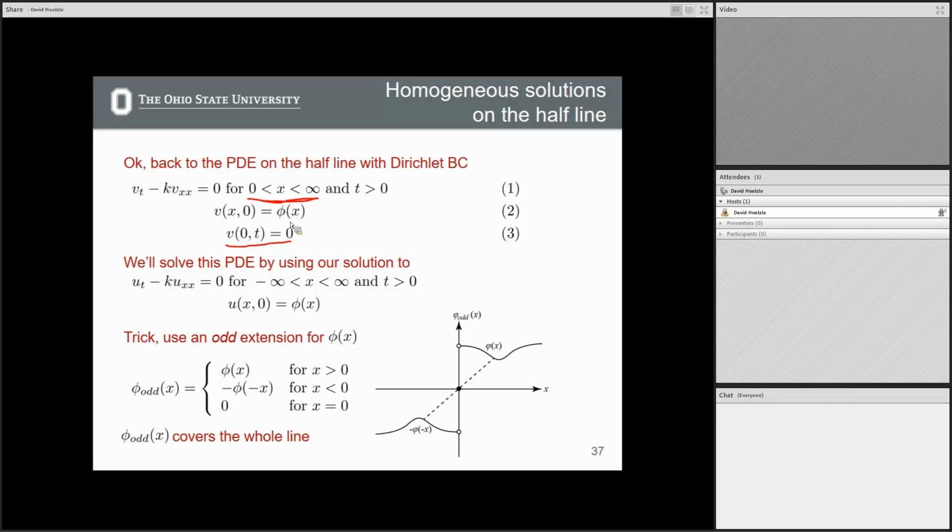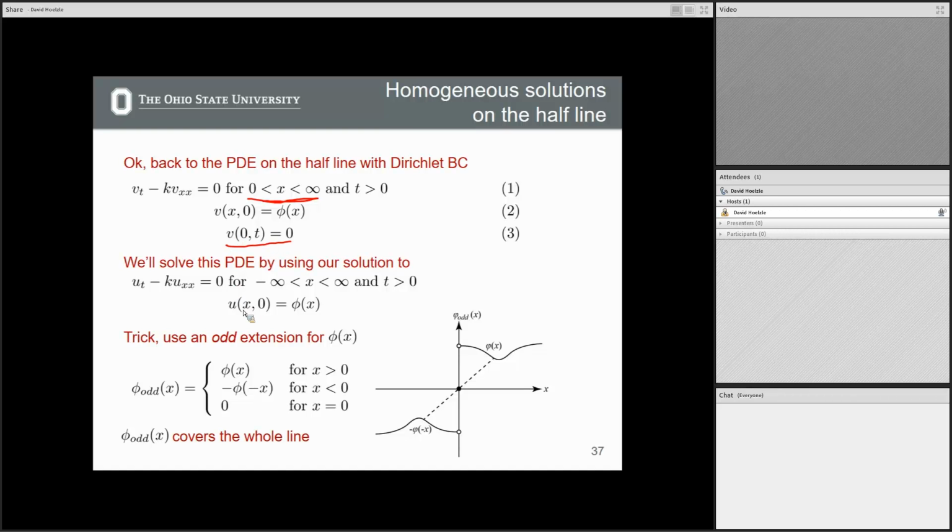We're going to impose some non-zero temperature on this rod at time equal to 0, just like in the previous example, but now we are enforcing that the temperature at the origin is always equal to 0 for all time greater than or equal to 0. Does that make sense? Okay.